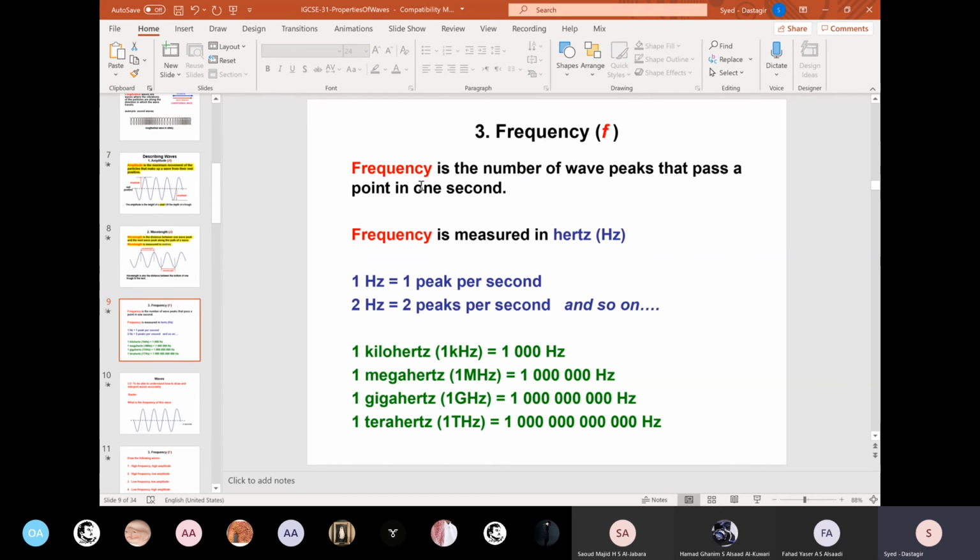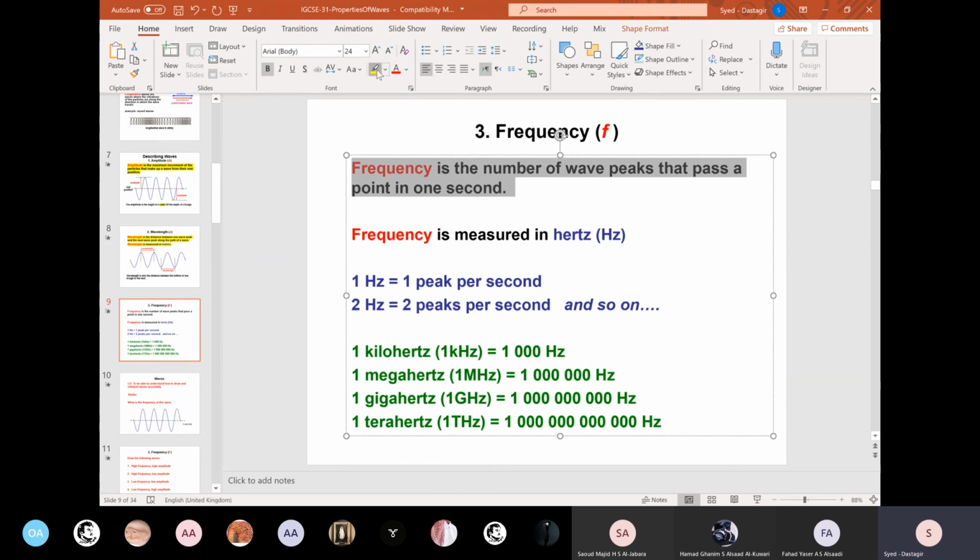So frequency means the number of wave peaks that pass a point in 1 second. Frequency is measured in hertz. So 1 hertz means 1 peak per second. I'll tell you what I mean.